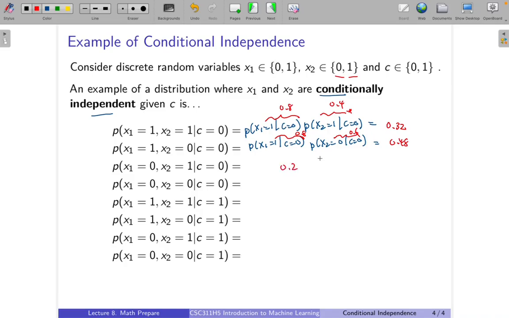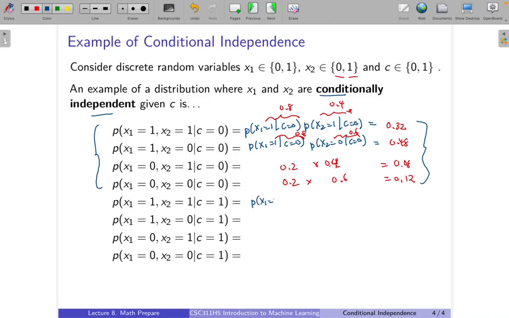So this is going to be 0.2 times 0.4 and 0.2 times 0.6. All right, so this covers the case when C is equal to 0. And because these four probabilities cover the possible values of x1 and x2, these four values should sum up to 1, which it does.